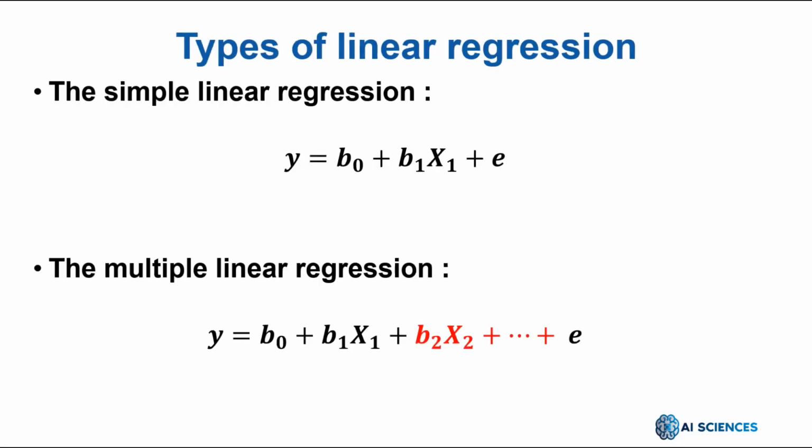Okay, we have two types of linear regression, the simple linear regression and the multiple linear regression. In simple linear regression, we use a single independent variable to predict the value of a dependent variable. The model, in this case, will be y equals b0 plus b1x1 plus e.